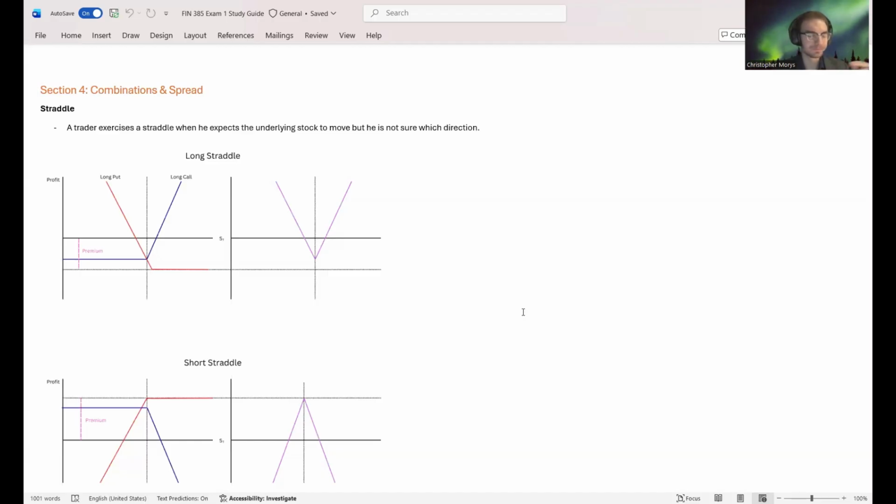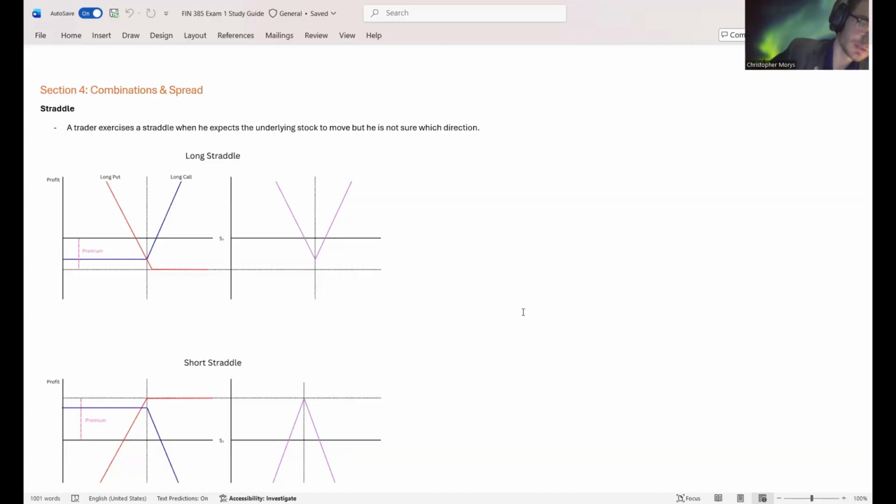So in section four, this is when we start combining and trading multiple positions and options at the same time. The first type of these combinations is called a straddle.